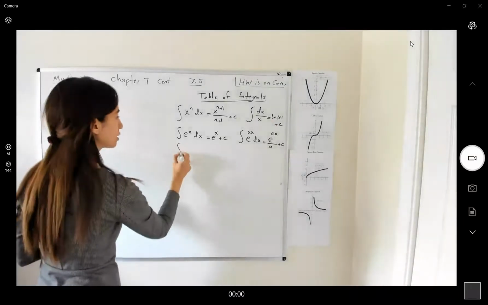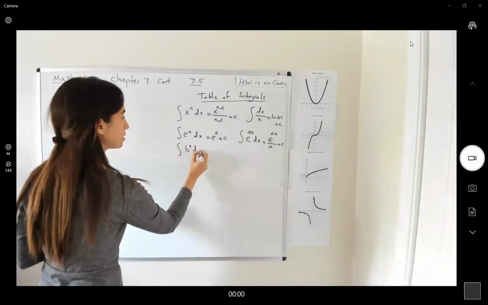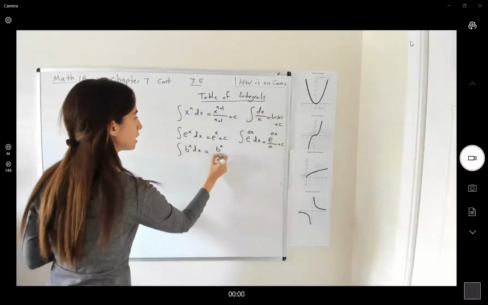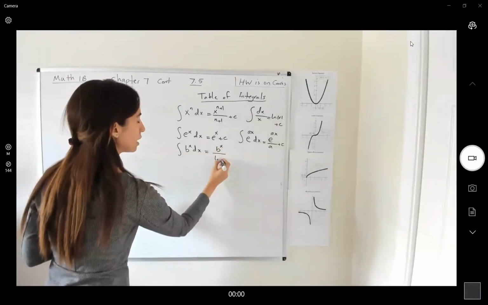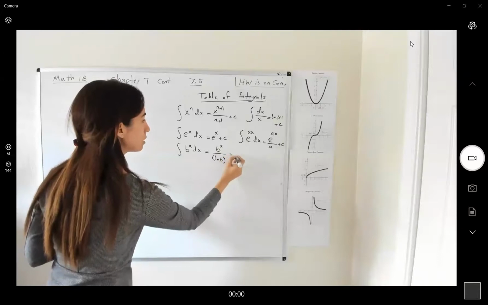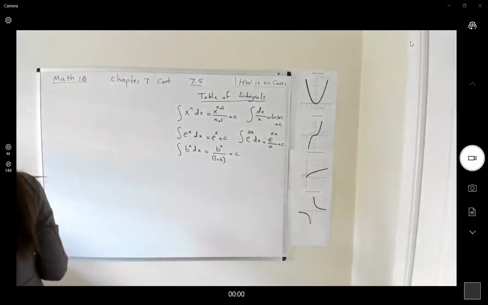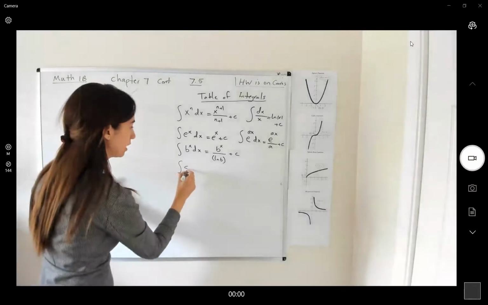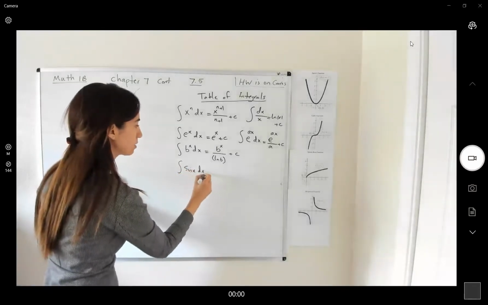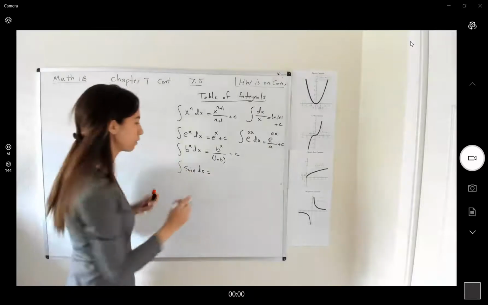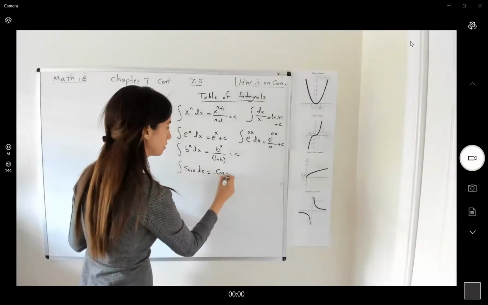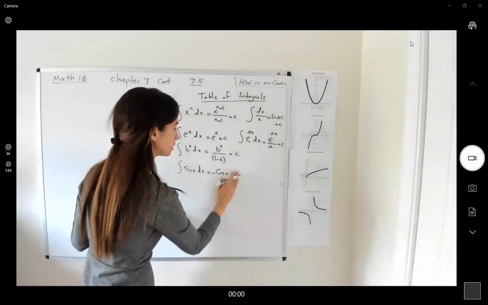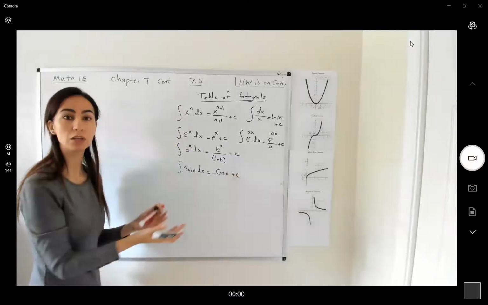If you have the integral of b to the x dx, this is b to the x divided by ln of b plus constant of integration. If you have the integral of sine x dx, it's going to be negative cosine x plus constant of integration. And you can generalize the idea.